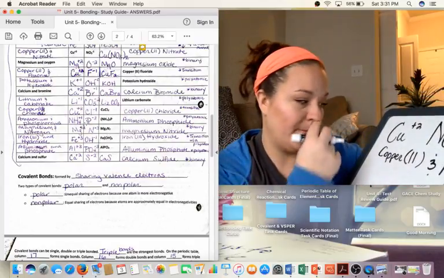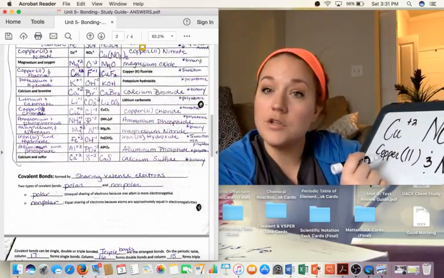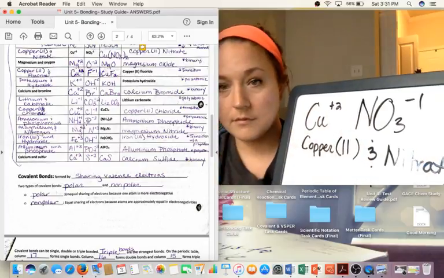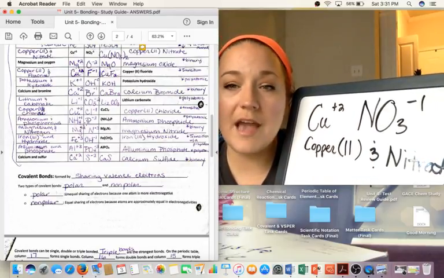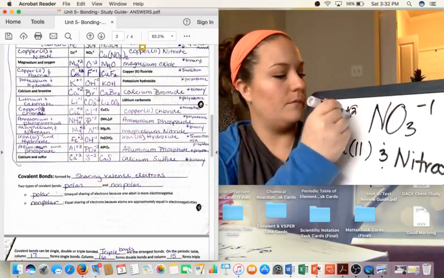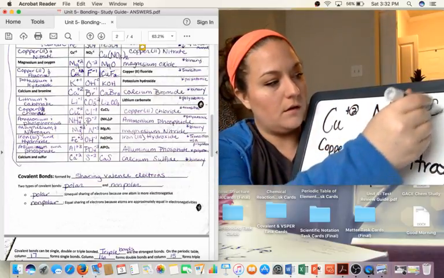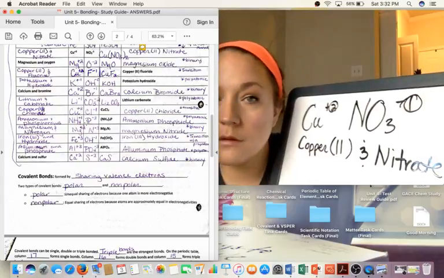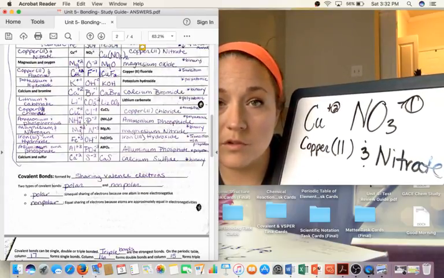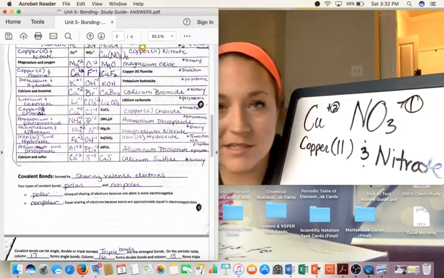Then you can use your crisscross method up top to figure out what the actual formula would be. So circle just the numbers, not the charges. Remember when you do the crisscross method, which was mentioned earlier, you do not take the charge.